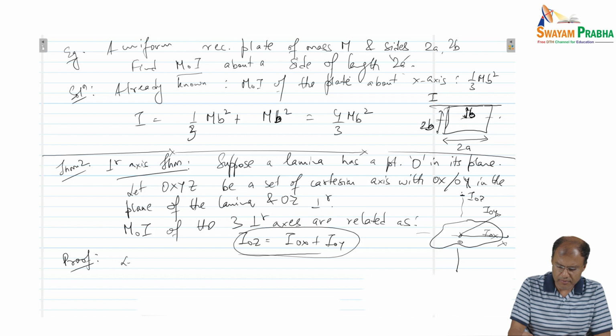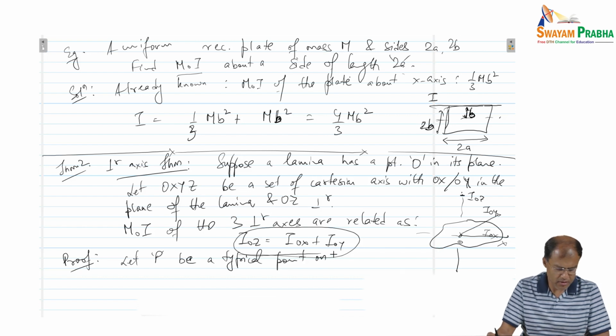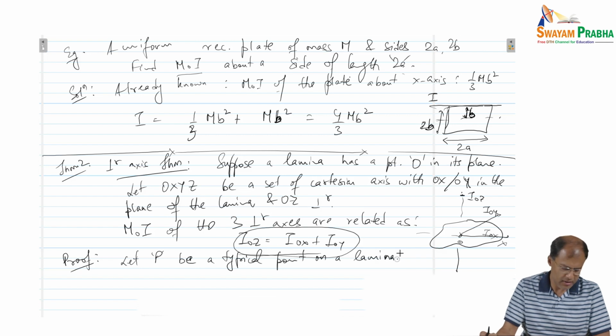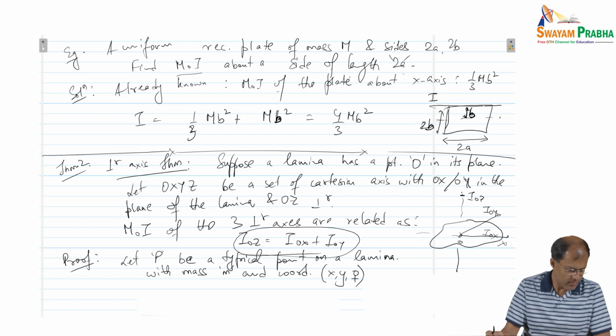So let P be a typical point on the lamina, with mass m and coordinates x comma y comma 0, right?